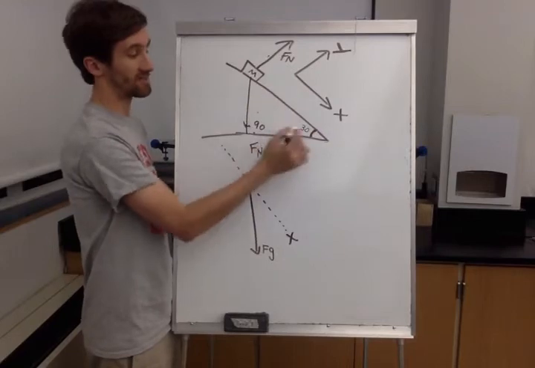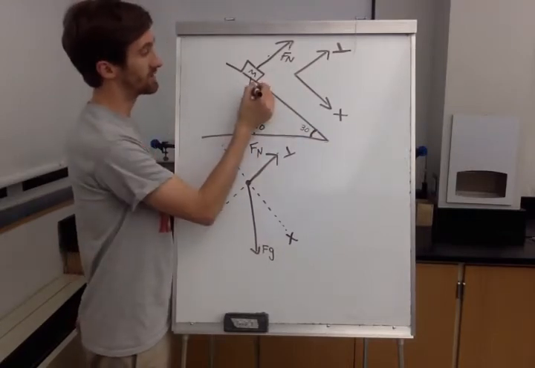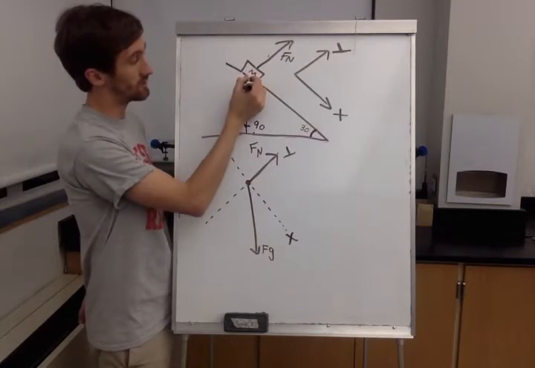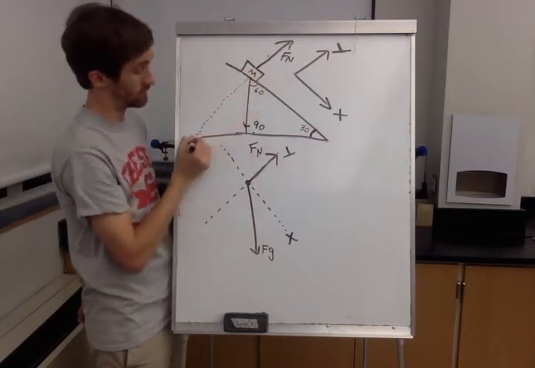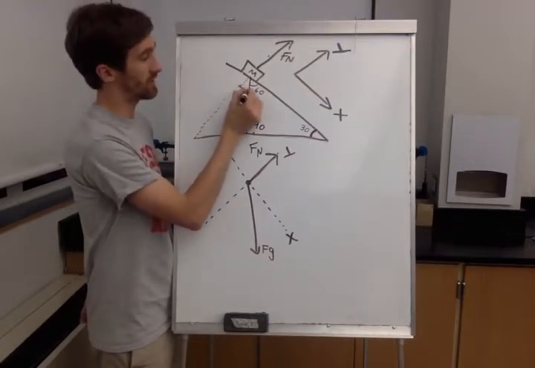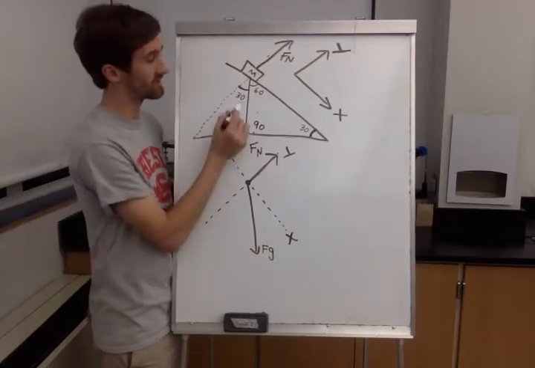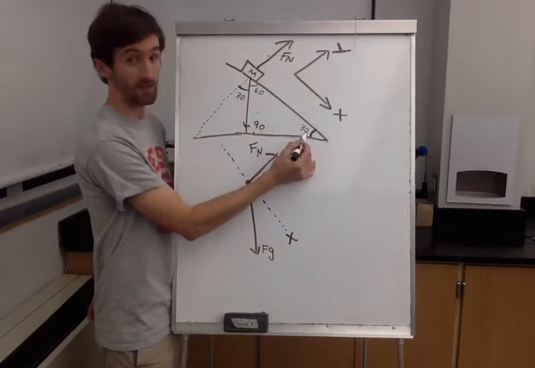All of those have to add up to 180, which means this angle has to be 60. Now, if we continued our y-axis down and made a new triangle, we would know that this angle here would have to be 30. And we see that this angle and this angle are the same.